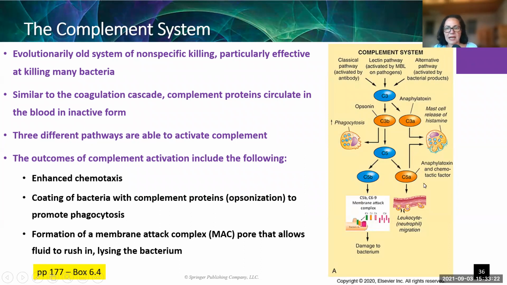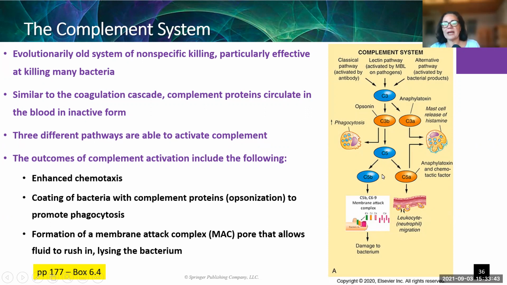Some of the things that happen: it triggers more release of histamine from mast cells. It causes more vasodilation. It causes more white blood cells to leave the bloodstream and go out into the tissue where there's an infection.